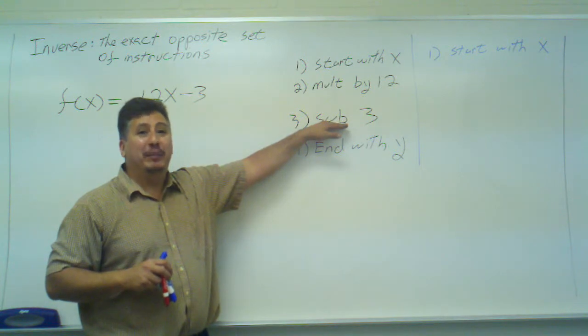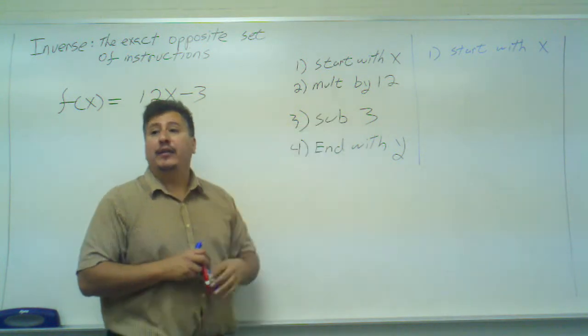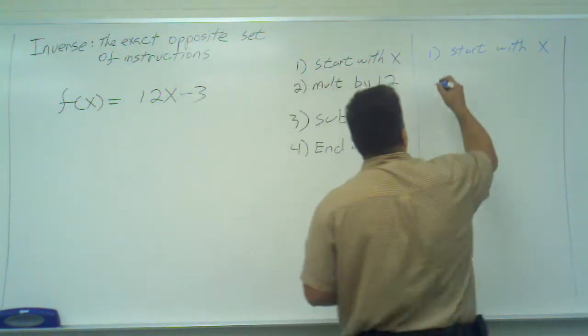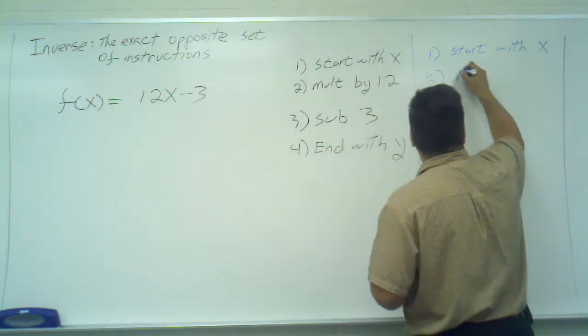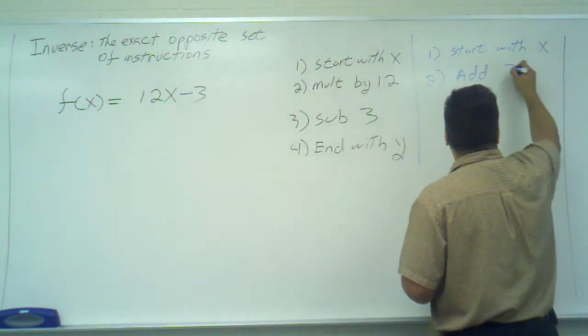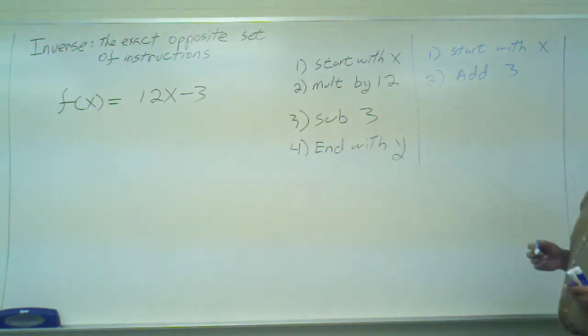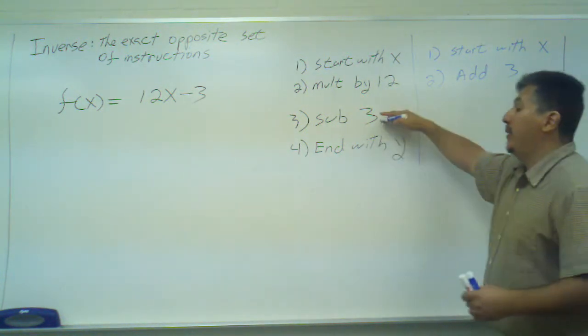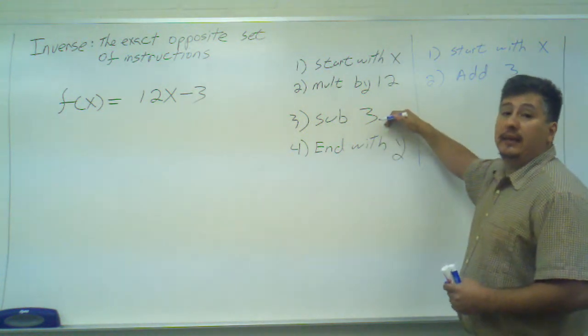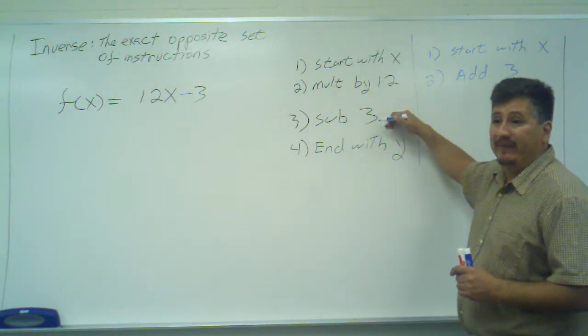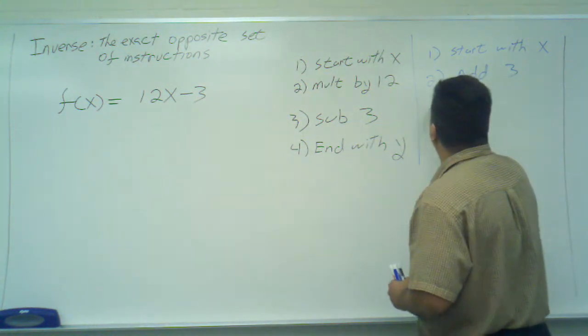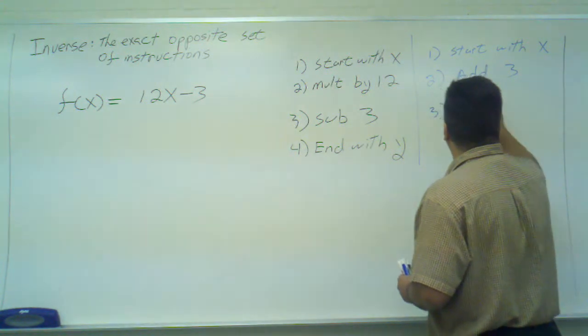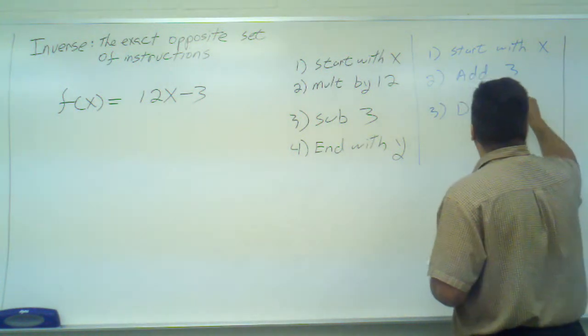First thing I need to do to get back is add that 3 back in. So I've got to add my 3 back. Now I'm back to here. Next thing I need to do to get back, I'm going to divide by 2.